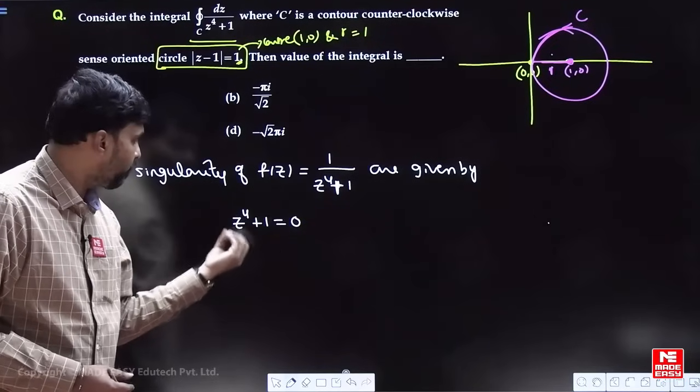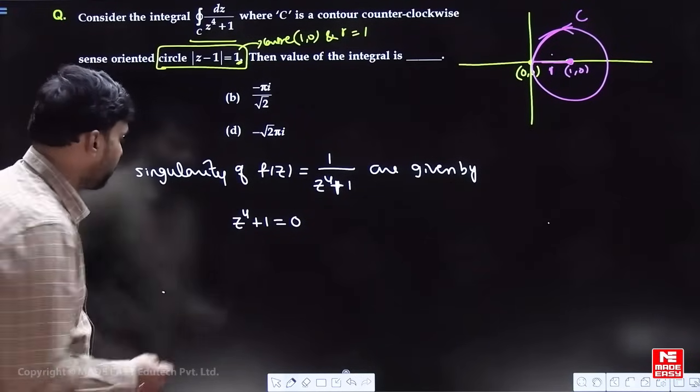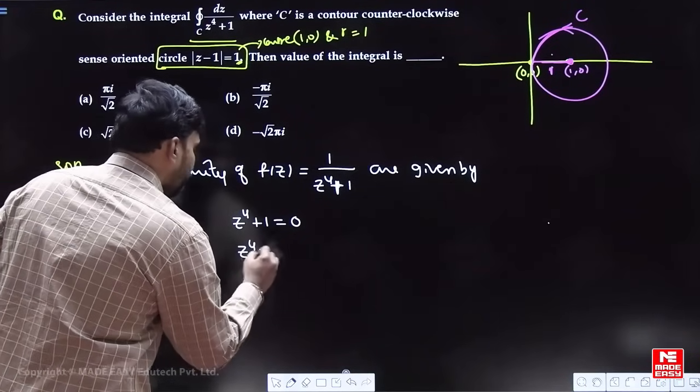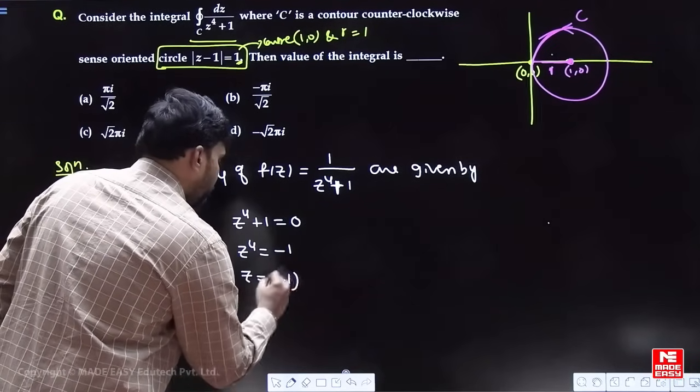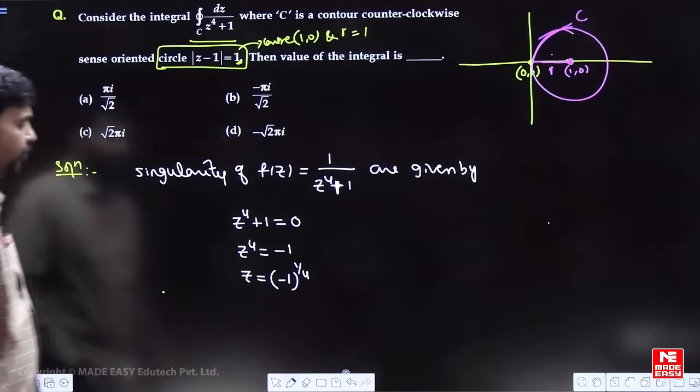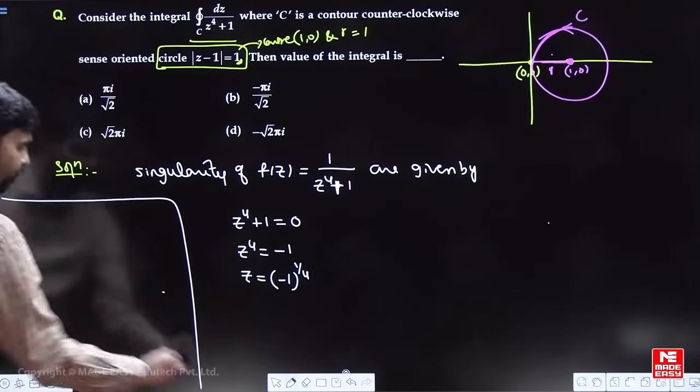Now from this, we will find the singularities. So z power 4 is equal to minus 1, and then z is equal to minus 1 to the power of 1 by 4. I don't know how many of you know this concept.